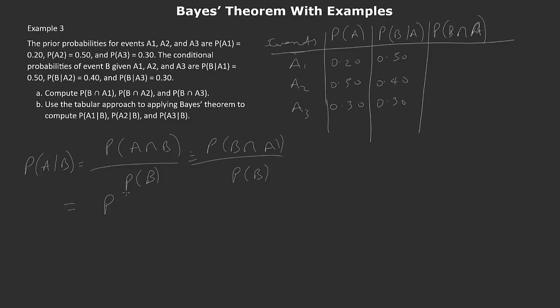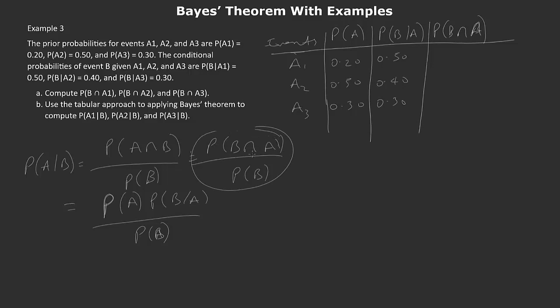And of course, you can represent it in terms of the likelihood, which is the probability of A times the probability of B given A, divided by the probability of B. So this is another way to represent it.